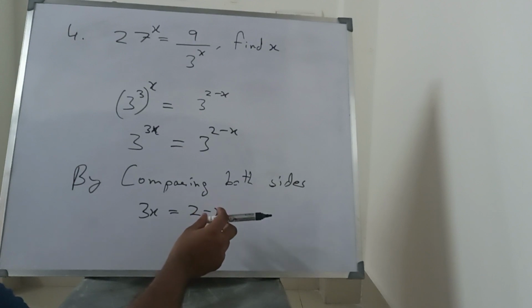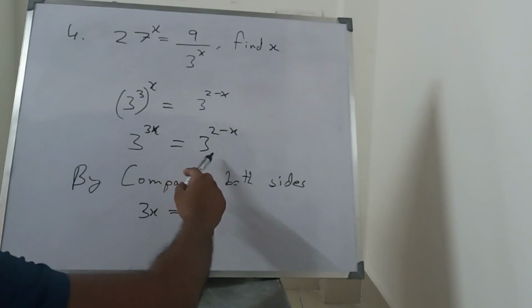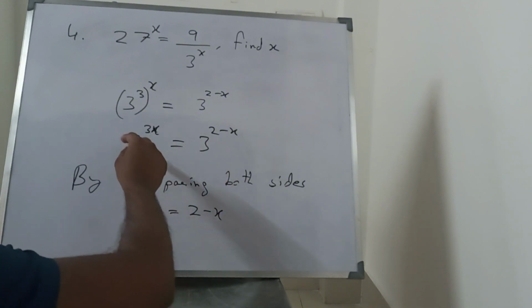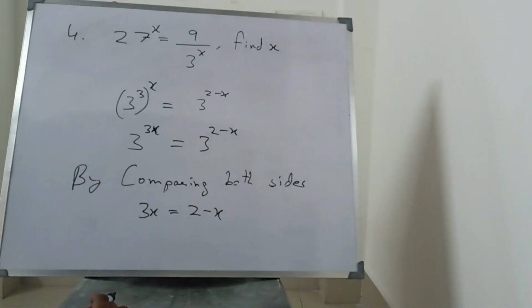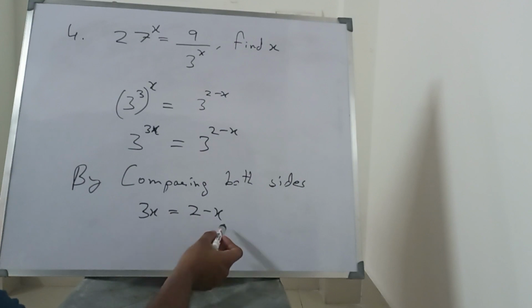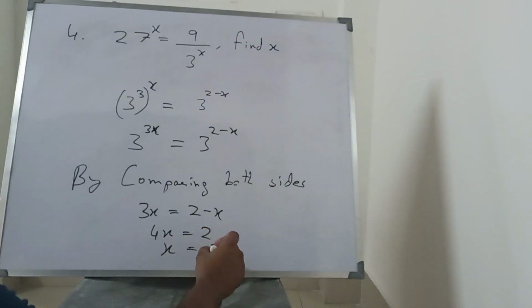See, you can compare both sides only when both bases are the same digit. The base is 3 and over here also it's 3. So now you can do 3x equals 2 minus x. So this x comes over here and becomes 4x equals 2. So x is nothing but 2 over 4, that is half.